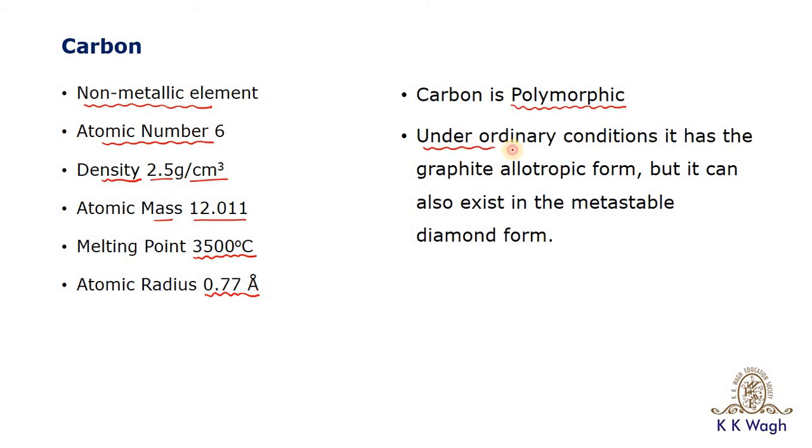Under ordinary conditions, it has the graphite allotropic form, but it can also exist in a metastable diamond form. So what is the meaning of metastable here? Metastable means that with the expense of time, its structure will change from graphite to the diamond cubic structure.